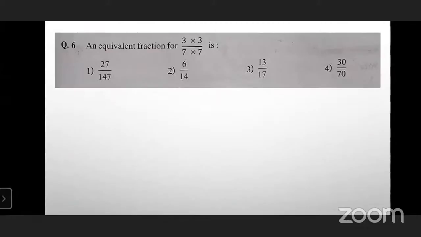Now read the sixth one. An equivalent fraction for 3 upon 7 multiplied by 3 upon 7.